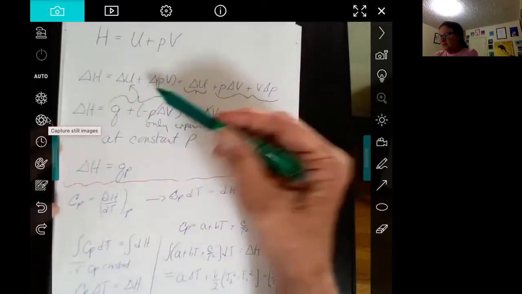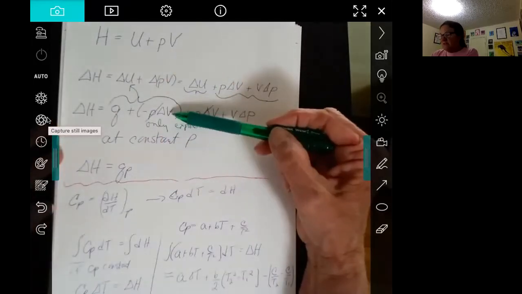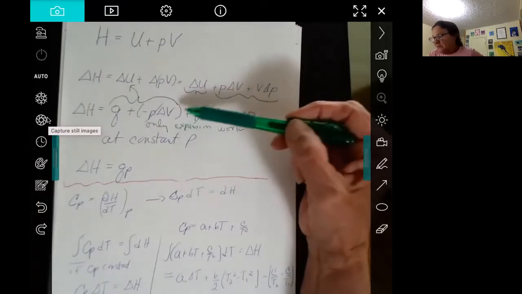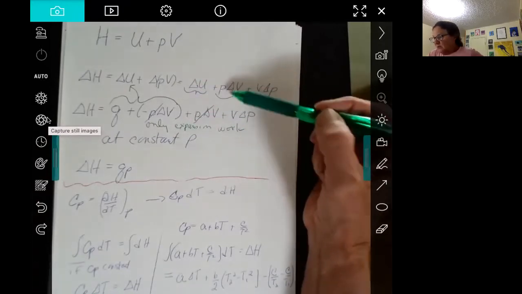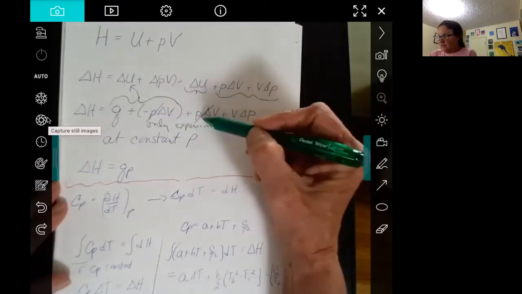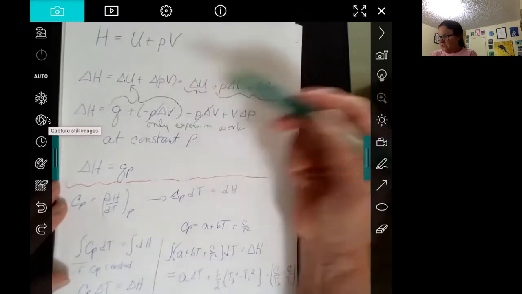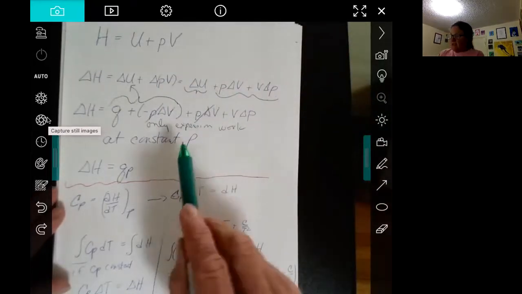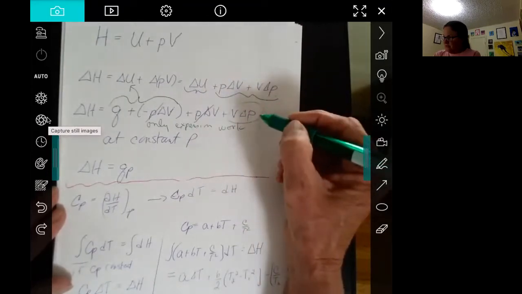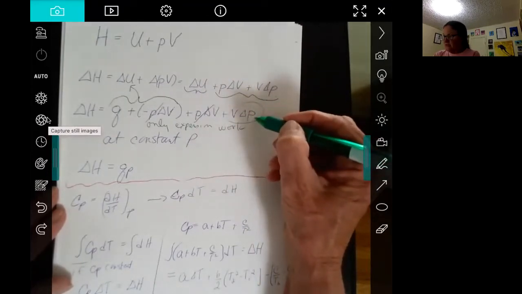Then delta U equals Q minus P dV, because minus P dV is, our delta V is work. So when we have these two terms, this one will cancel with this one because we have a positive P delta V and a negative P delta V. And then if we put the restriction of constant pressure, then this term goes to 0 because delta P is 0.